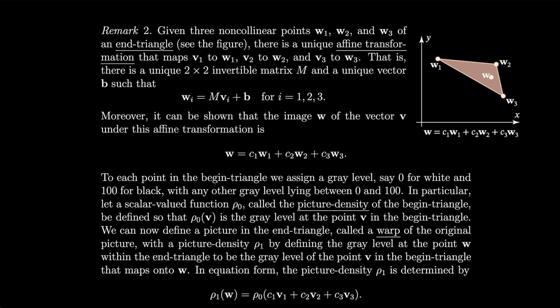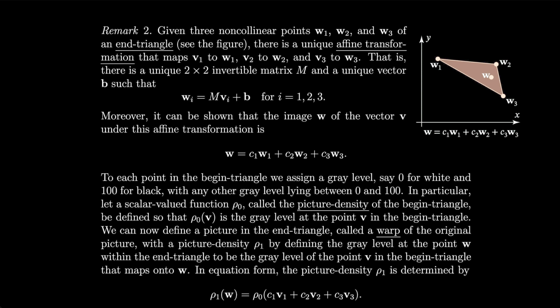To each point in the begin triangle, we assign a gray level, say 0 for white and 100 for black, with any other gray level lying between 0 and 100. In particular, let a scalar valued function ρ0, called the picture density of the begin triangle, be defined so that ρ0 of v is the gray level at the point v in the begin triangle.